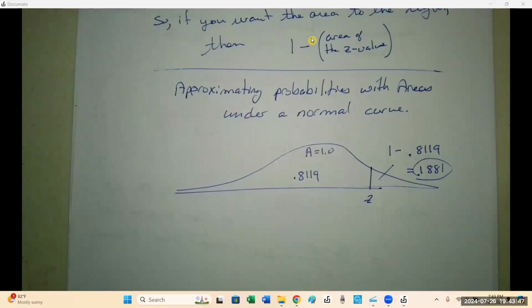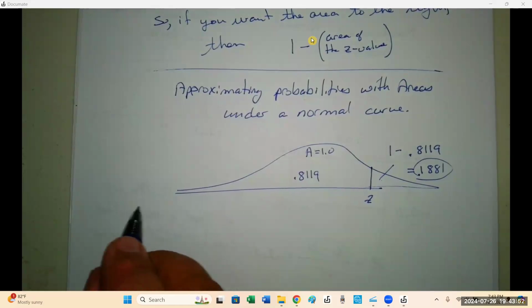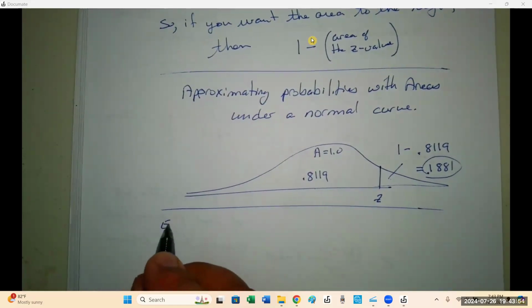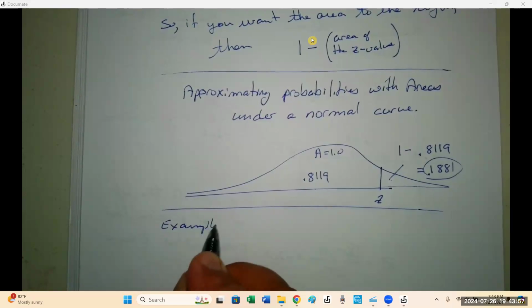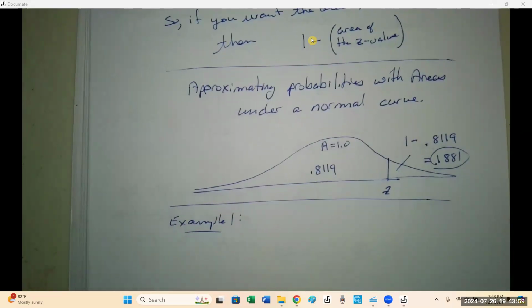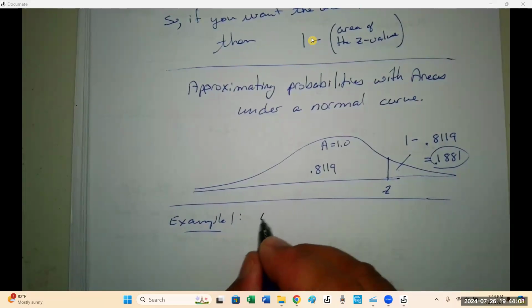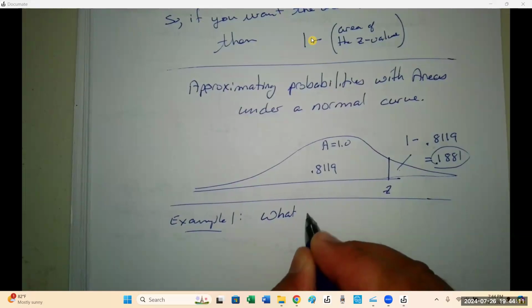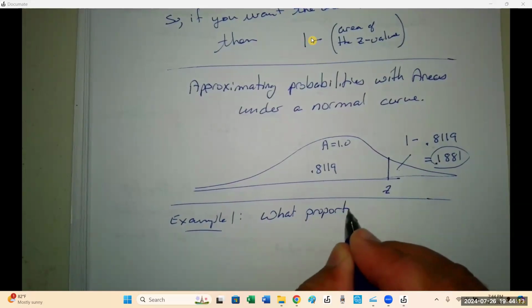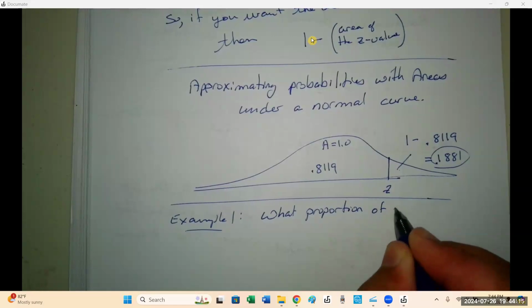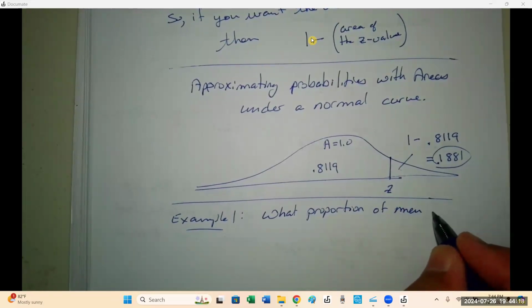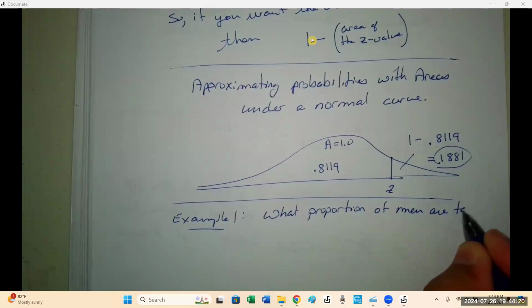All right, let's see what the examples say. Example 1. What proportion of men are taller than 72 inches?